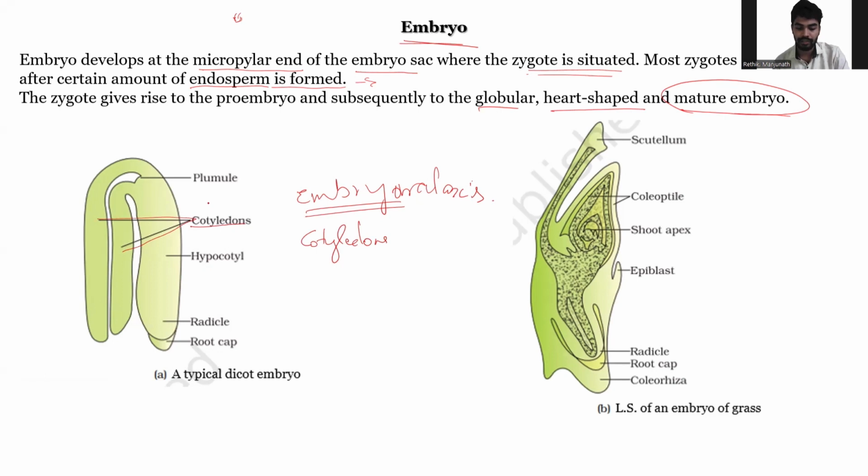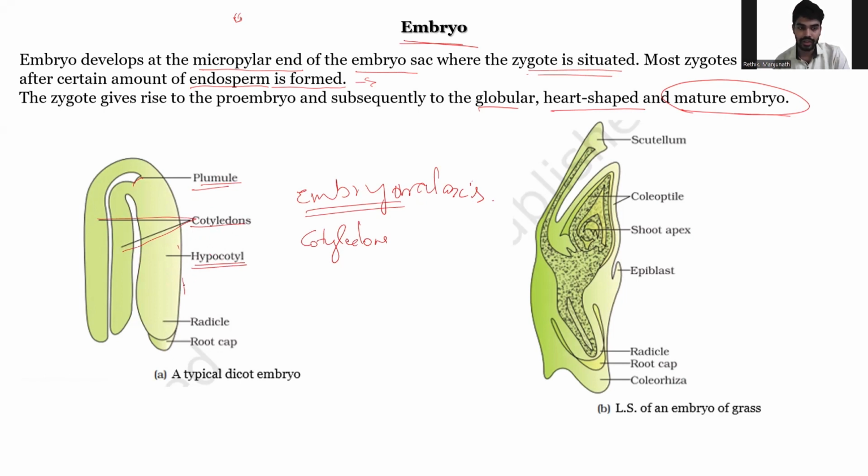And the portion above the cotyledons, you'll see the plumule region. Below the plumule region, you can see a cylindrical structure, and this structure is called the hypocotyl, which is the region present below the cotyledon.